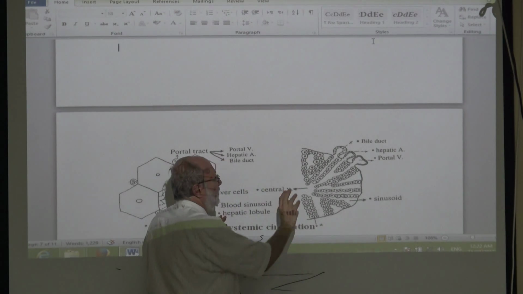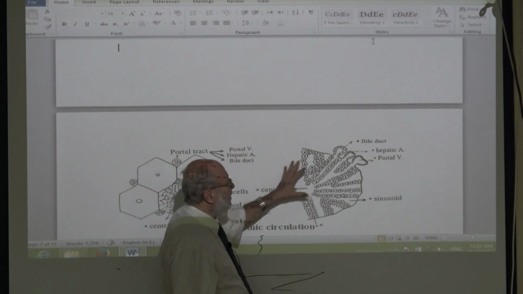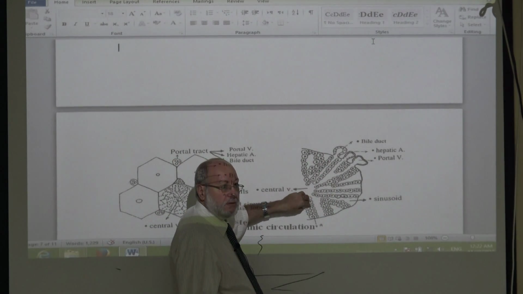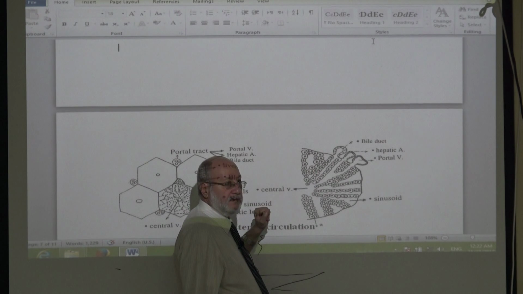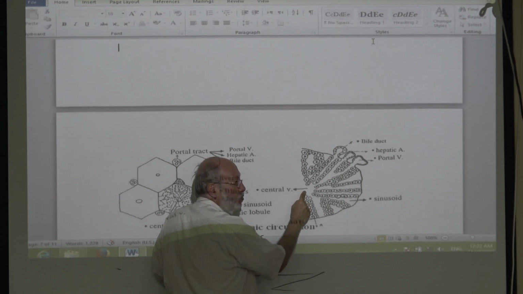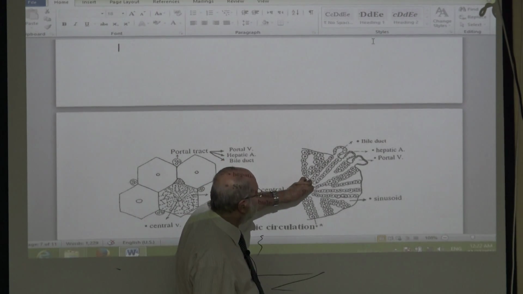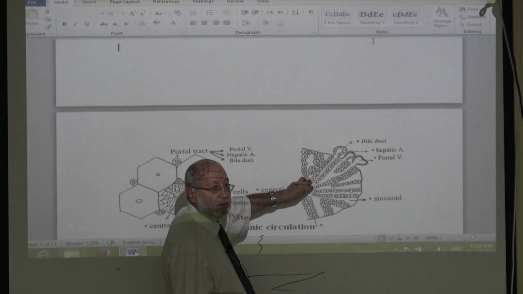Okay? The hepatocytes take all oxygen and all nutrition, and the blood becomes venous blood, which drains into this vein in the center of the hepatic lobule.